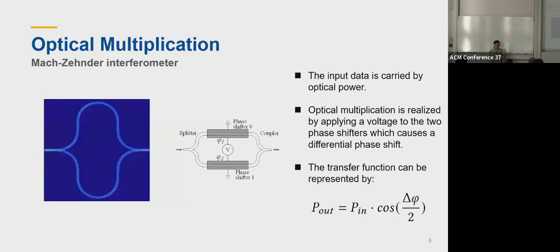And the multiplication of the input data can be realized only by attenuating the signal, without adding an additional light source for power amplification. So the output power of the signal is as in this equation, where P is the power of the optical signal.